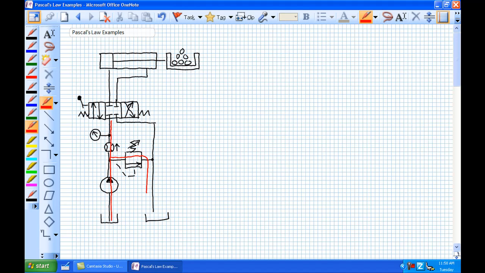Okay, so now we go ahead and put this thing to the straight through position. So the straight through position is this guy right here. Basically, pressurized flow is going to go through here, and it is going to enter the cap end of the cylinder.